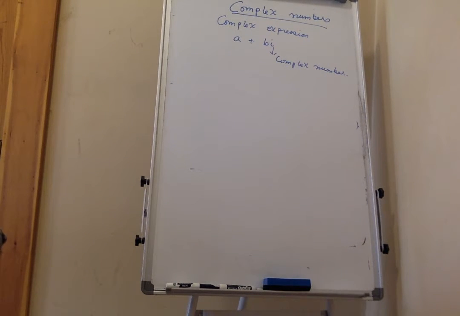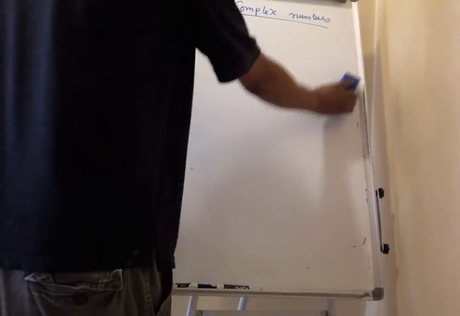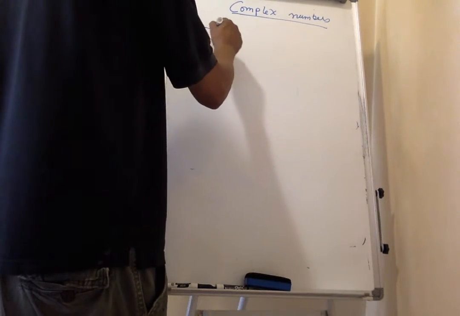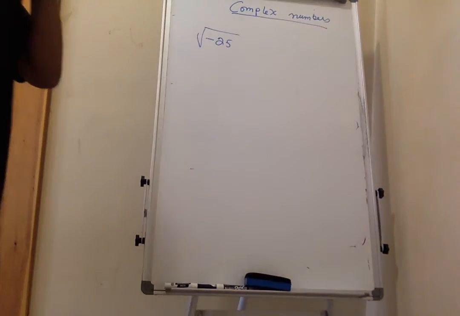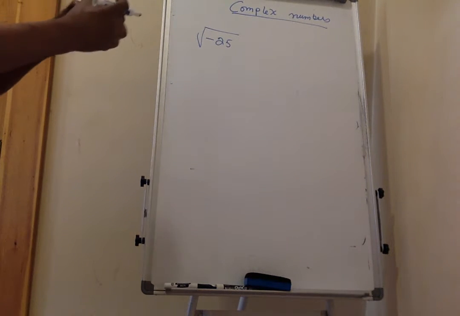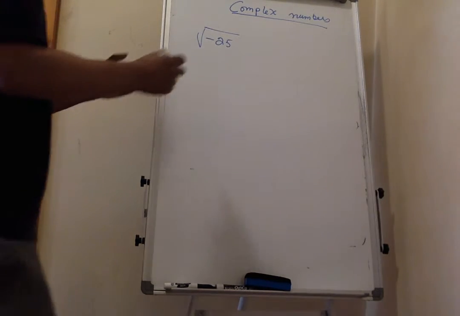Okay, so first, let me just throw this out. It could be a review for some of you, but let's just do this. If I say find the square root of negative 25, now you know about a complex number. I can split this into two, into a complex number and a real number.